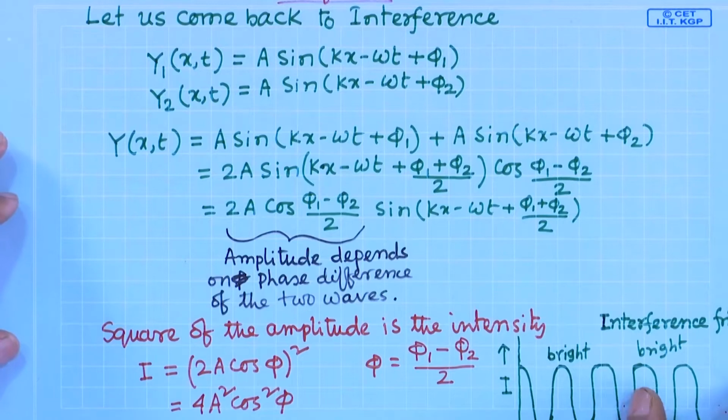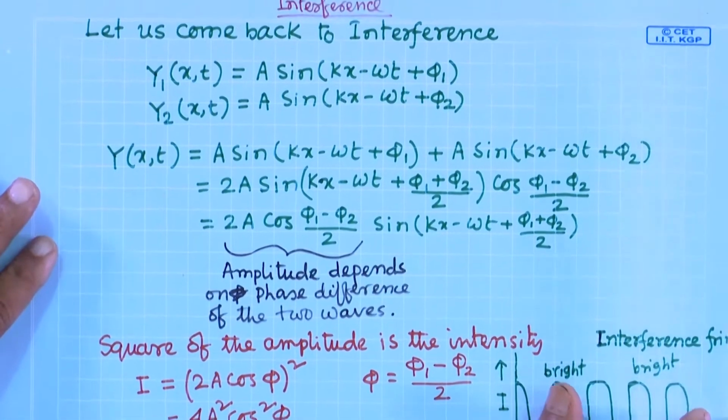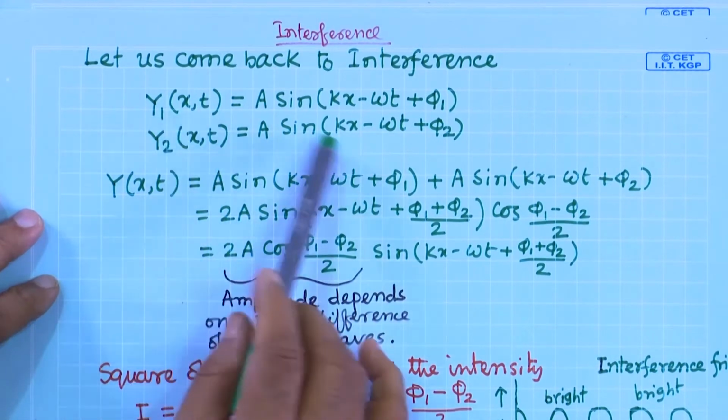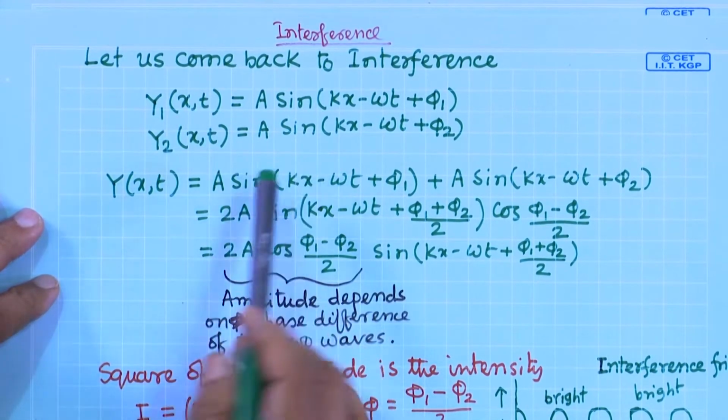Then we will continue the discussion on interference. In the last class we have seen these two waves y1 and y2.